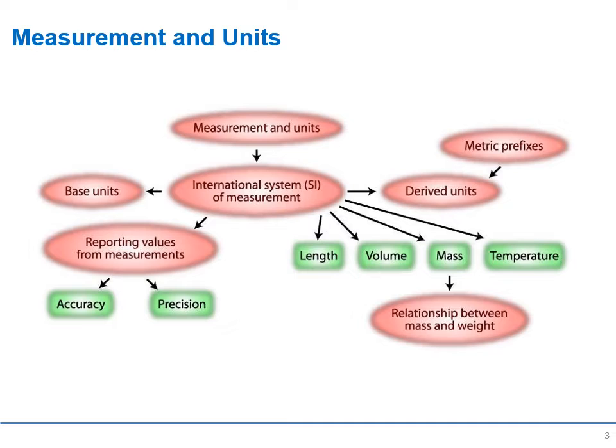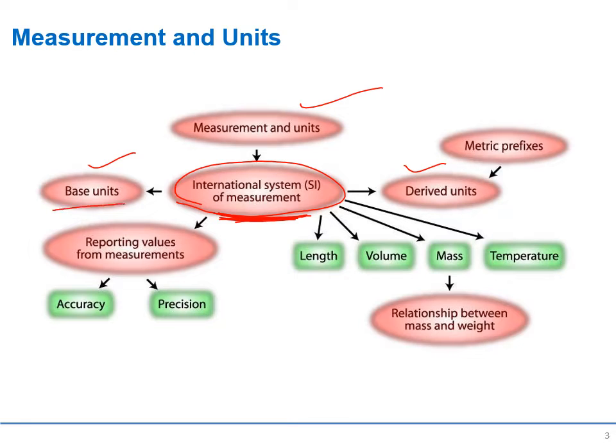So we have the international system, SI units, that we use throughout the world for all the measurements of quantities. In this SI system we have base units and derived units.